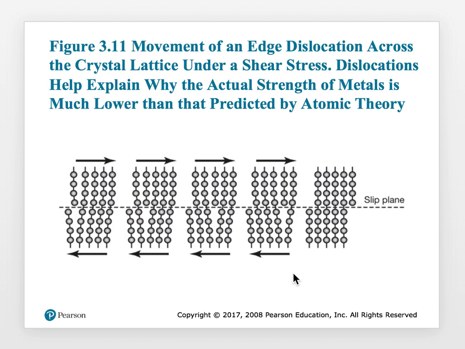And the reason is that most materials have defects like dislocations, and so it is much easier for you to deform this block of materials than a block where there is no dislocation at all, there are no defects at all. But the reality is that there are going to be defects in materials, which means that you will always find that the actual strength of metals is much lower than that predicted by the atomic theory.